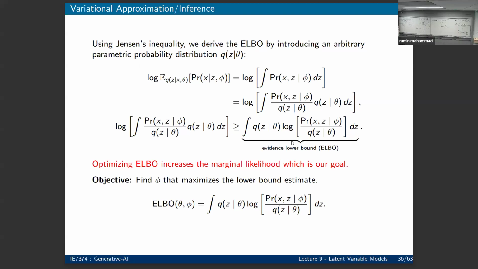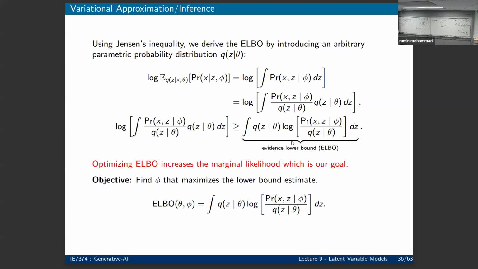Your objective is to find this parameter phi, or overall phi and theta, your parameters, such that it maximizes this evidence lower bound, because if this is maximized, your focus will be on solving this part of the equation rather than that part.